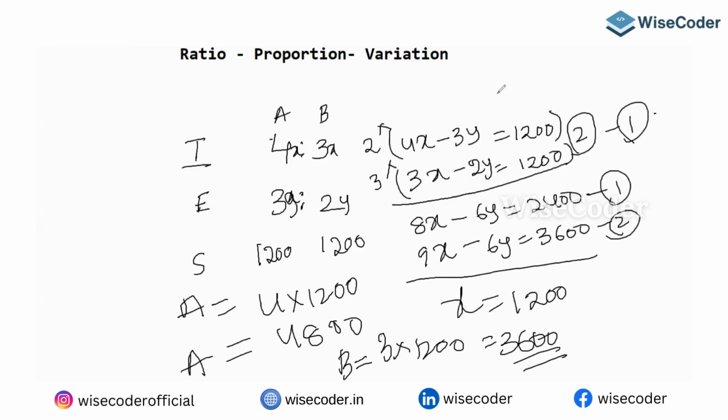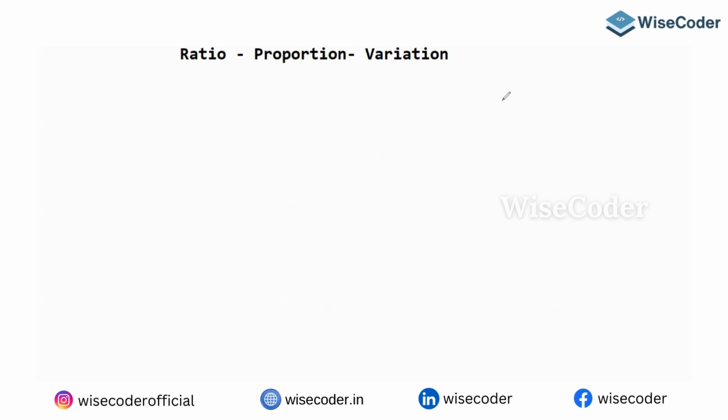Okay, 3600. So this is the question regarding the income, expenditure and savings. Guys, if you closely observe, we solved every question on particular ratios.